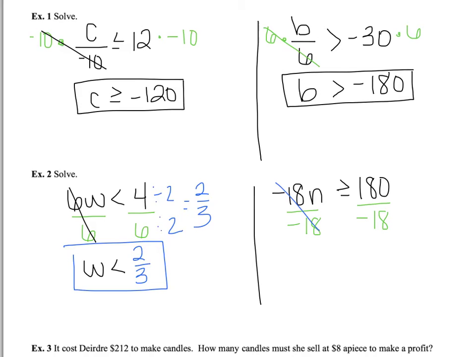Negative 18 over negative 18 goes to 1. So n, and I have to be very careful here, I've got to flip my sign because I divided by a negative number. 180 divided by negative 18 is negative 10. So that's my solution. How'd you do?